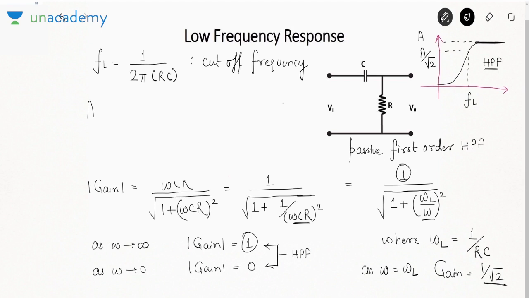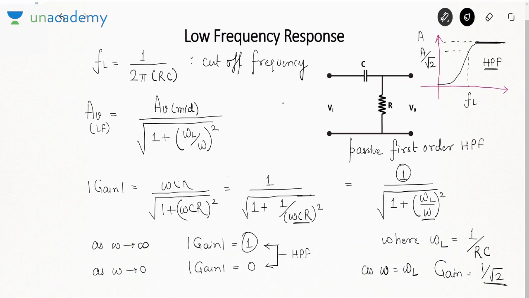So what I'll say, the voltage gain is nothing but the voltage gain in mid frequency divided by under root 1 plus omega L by omega whole square. Okay, and that is the voltage gain at low frequency.